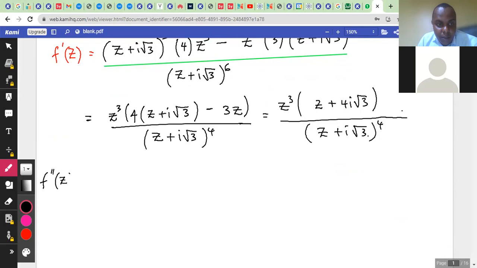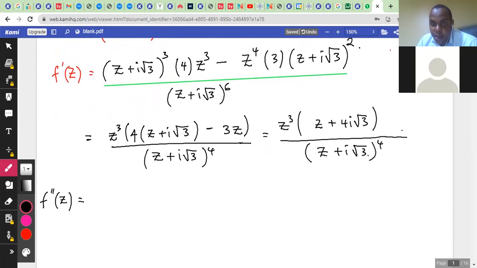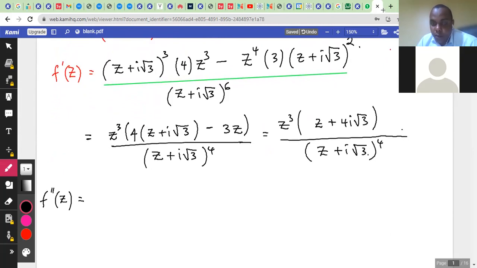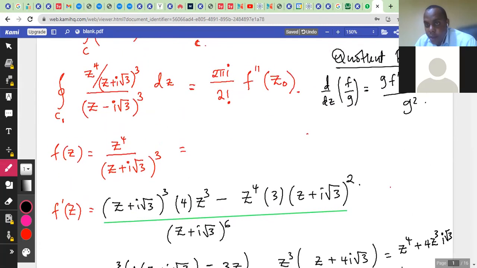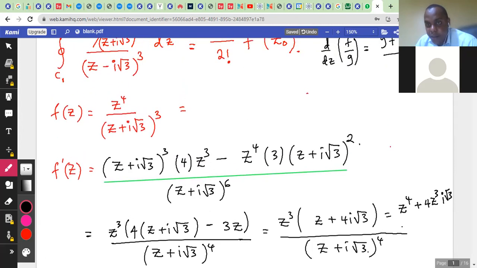F double prime of z. According to the formula, maybe it's better to open brackets. It will be 4z cubed, so this part is going to be equal to z to the power of 4 plus 4z cubed i root 3, right? Yes. So we need to do g. So this is z plus i root 3 to the power 4. That's the g, right? And then we do f prime.